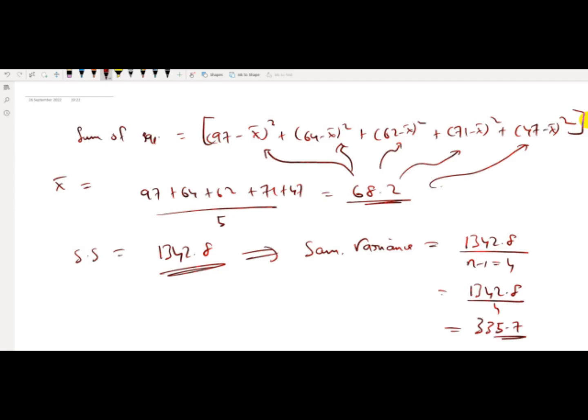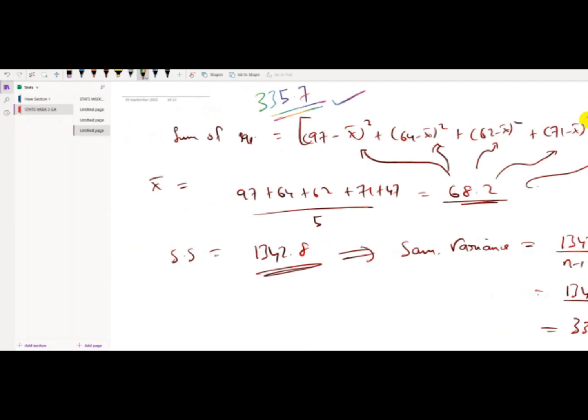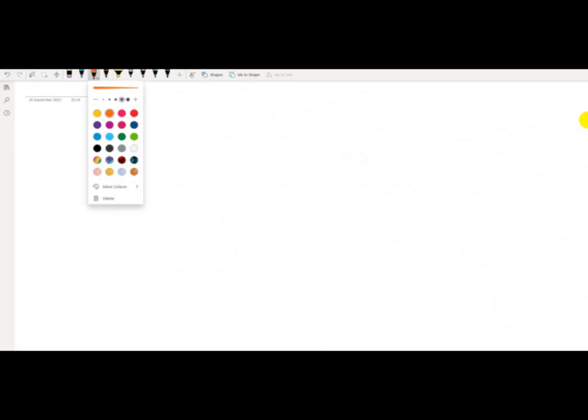Therefore 335.7 is the sample variance. This is the answer to question number 4. Now let's move on to question number 5.